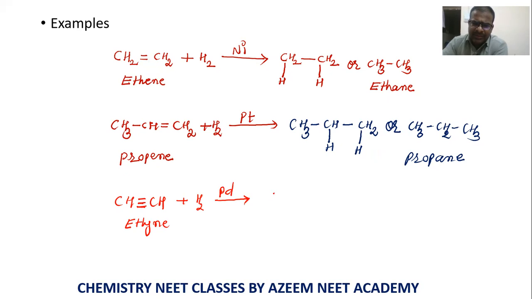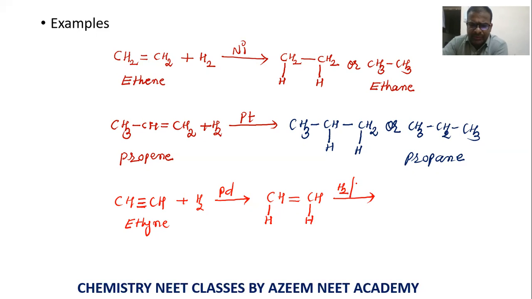So what will happen? Generally, one CH double bond, another CH. Mean what happened? One bond is broken, one hydrogen is added over here, another hydrogen is added over here. So addition is happening. One bond is broken, two bonds are formed. So that is addition reaction. Now there is one more possibility to add hydrogen.